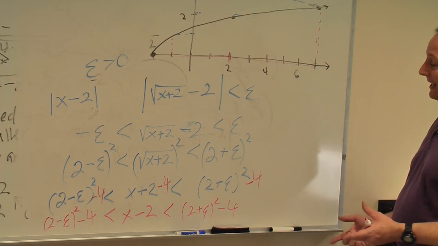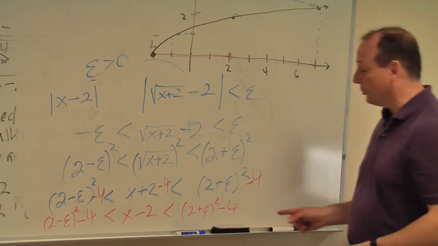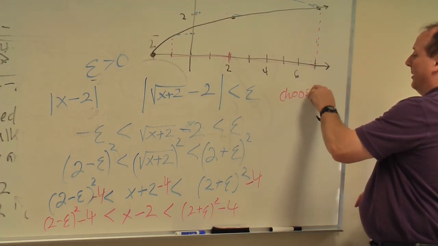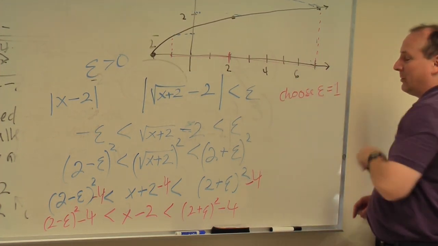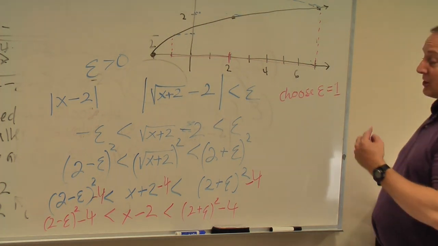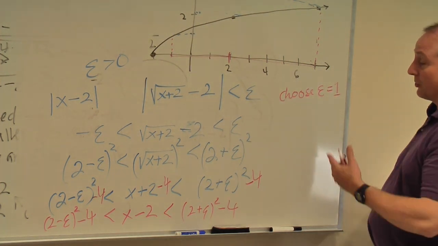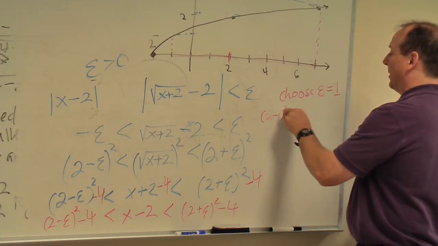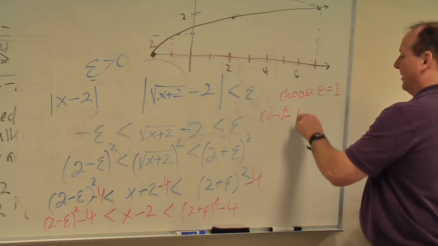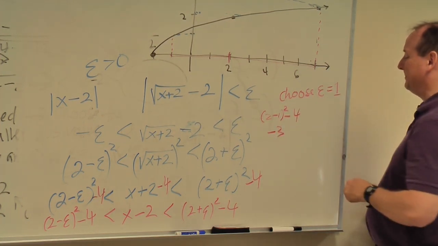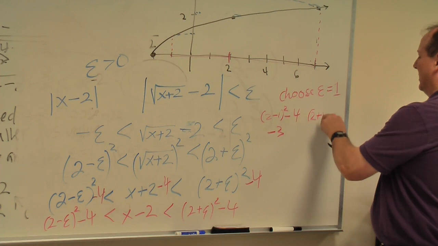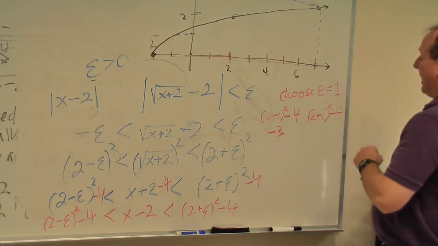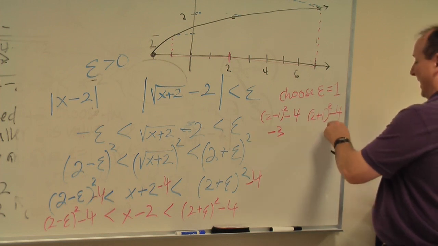So again, what's a way that I could do that? I could choose a value of epsilon and see which one's smaller. So let's say I let epsilon equal 1. This will be easier to see than the other one was because there's no square root here. So I'm comparing 2 minus 1, squared, minus 4, which is negative 3, and 2 plus 1, squared, minus 4, which is 5.